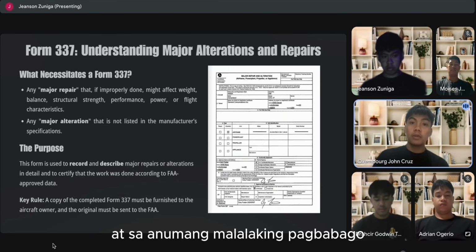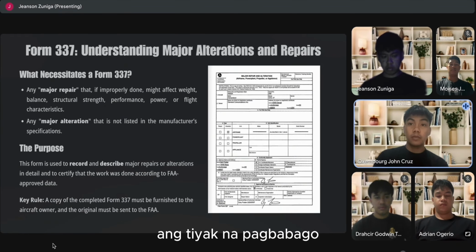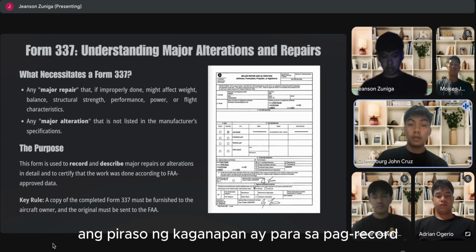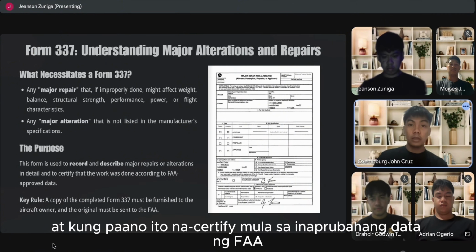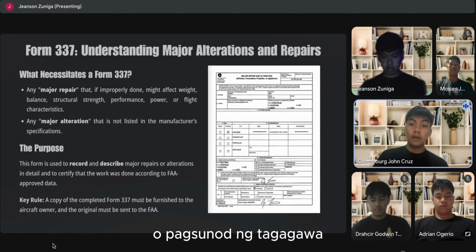In any major alteration, the specific alteration must follow the manufacturer specification. The purpose of the 337 is to record and describe the repair or alteration that has been done, and how it is certified from FAA-approved data or the manufacturer's compliance.